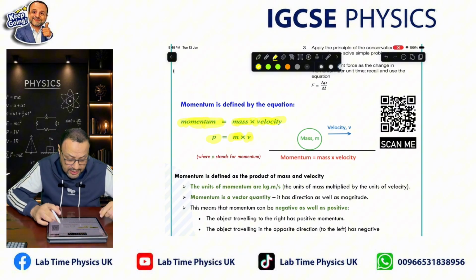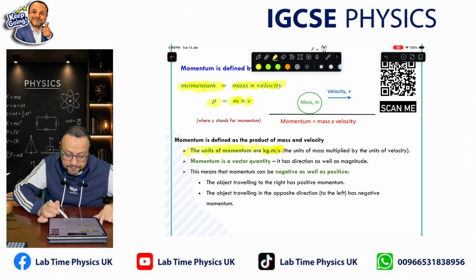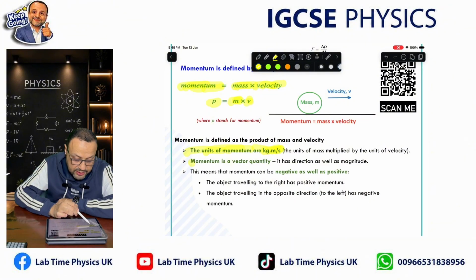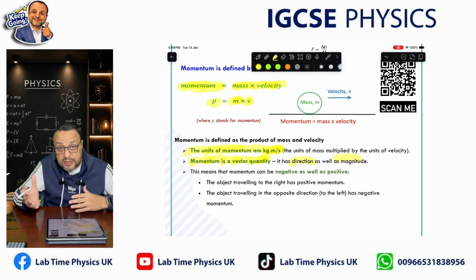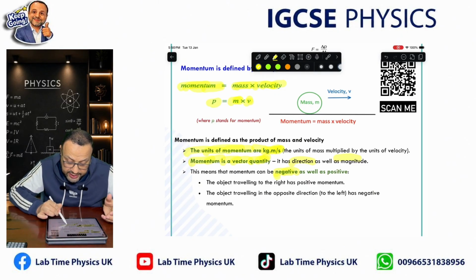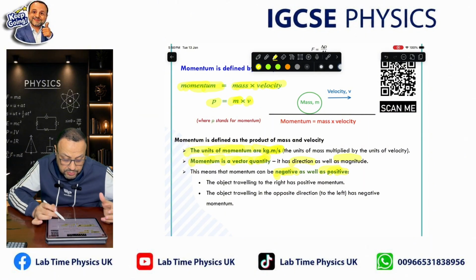How can this happen? Let's see here. This is the first thing. As I said, the unit for momentum is kilogram dot meter per second. And as we said, momentum is a vector quantity that has both magnitude and direction. The momentum may be positive or negative according to the direction of the velocity of the object.